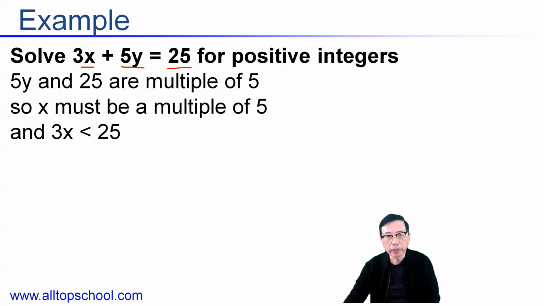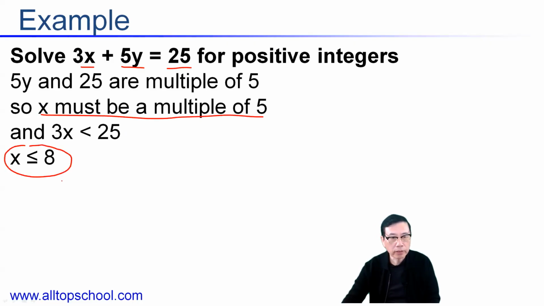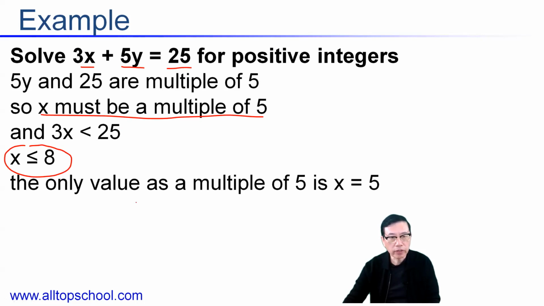At least you get a 1 for it. So 3x must be less than 25 as an integer, and x is at most 8. But x must also be a multiple of 5. To satisfy x less than or equal to 8, the only value is x equal to 5. So the answer should be 5.